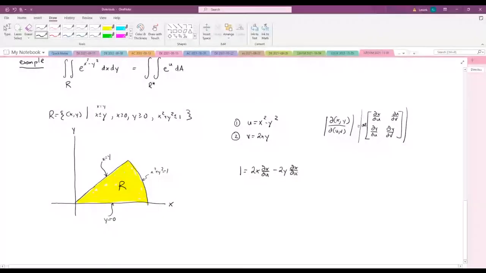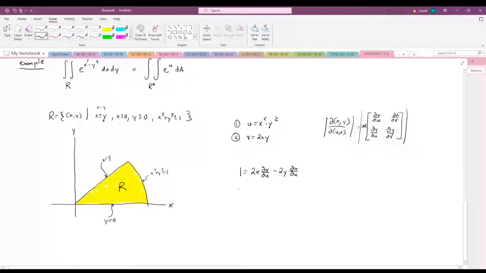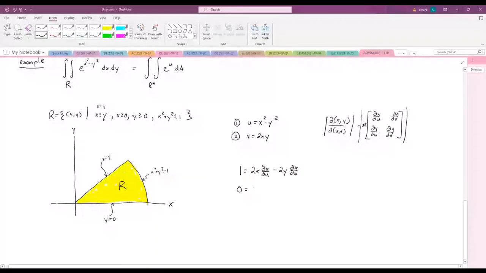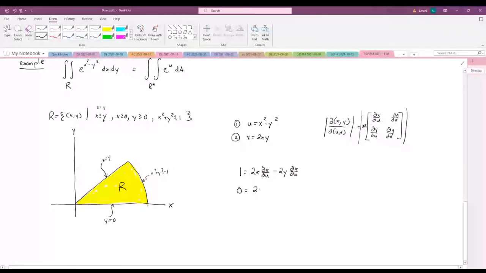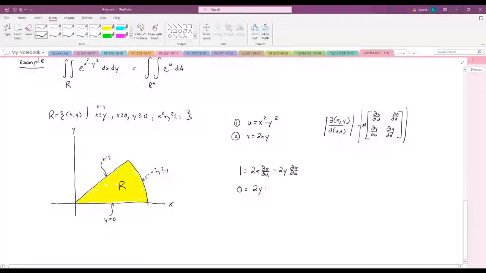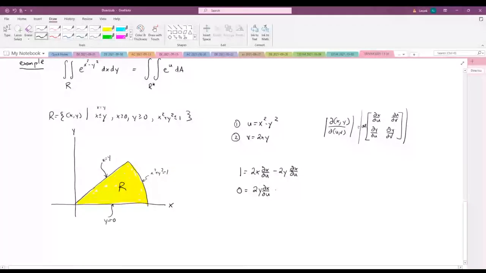And then differentiate both sides of equation 2 with respect to u, remembering that x and y are functions of u and v implicitly, so implicit differentiation.